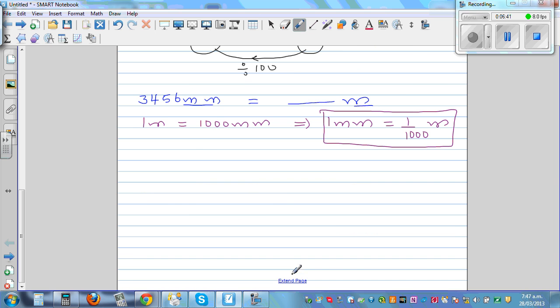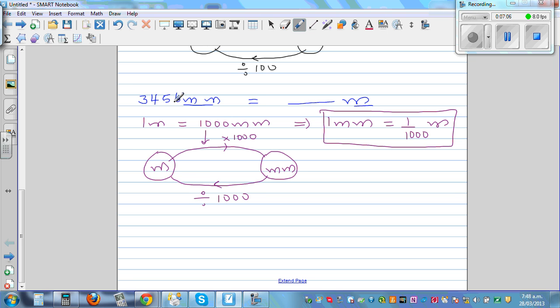Using this, you can make up this. So this is meter and this is millimeter. 1 meter is 1,000 millimeters. So you have to times this by 1,000. If you want to go from millimeters to meters, you have to divide by 1,000. So that's the question.